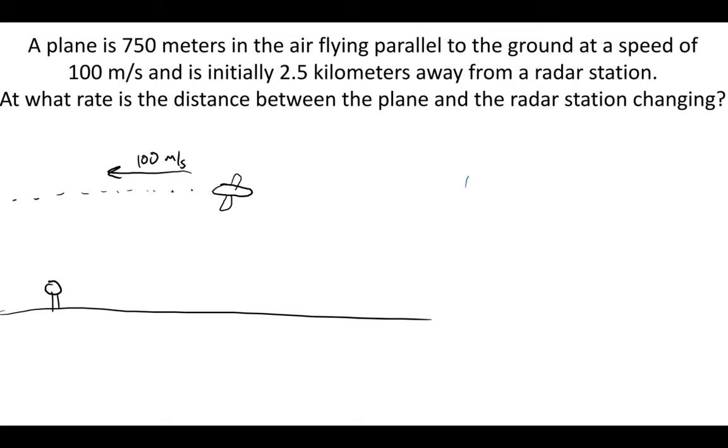We know that this plane is 750 meters in the air. So this distance is 750 meters. And it also says that the plane is 2.5 kilometers away from the radar station. That's talking about distance on the ground. So this is 2.5 kilometers. One thing to notice, they changed units on you here. So I'm going to go ahead and just convert this to meters. Remember, kilometers, you have to move it 3 decimal places.